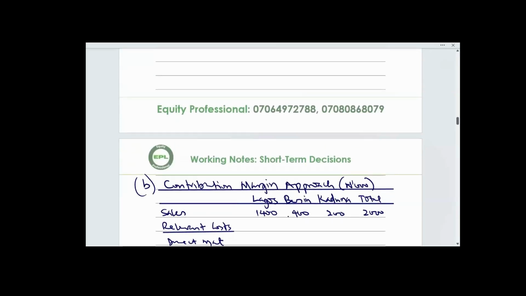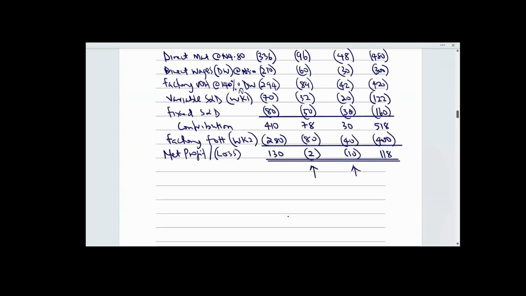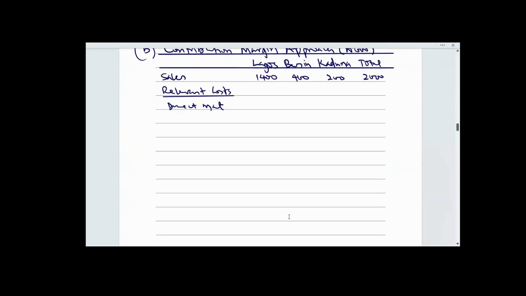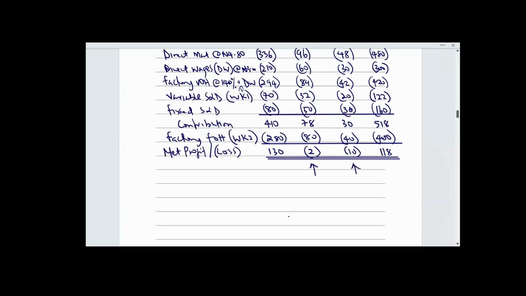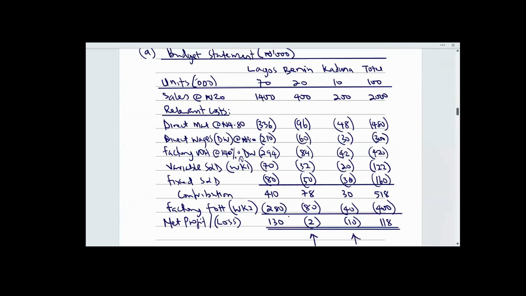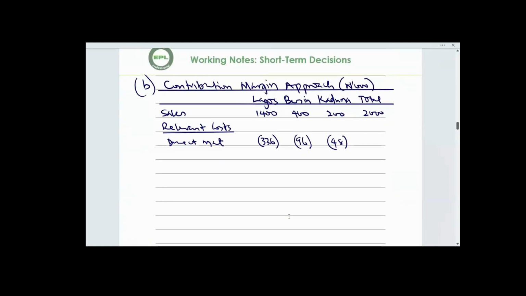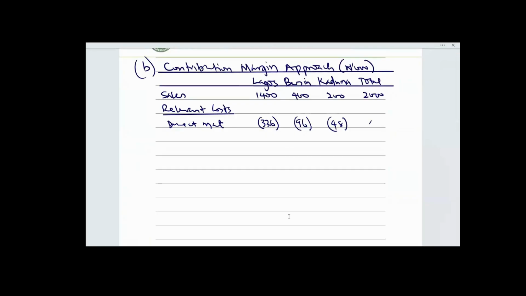Direct material for Lagos, we calculated 336. Here is 336, 96, 48. Then we had a total of 480.